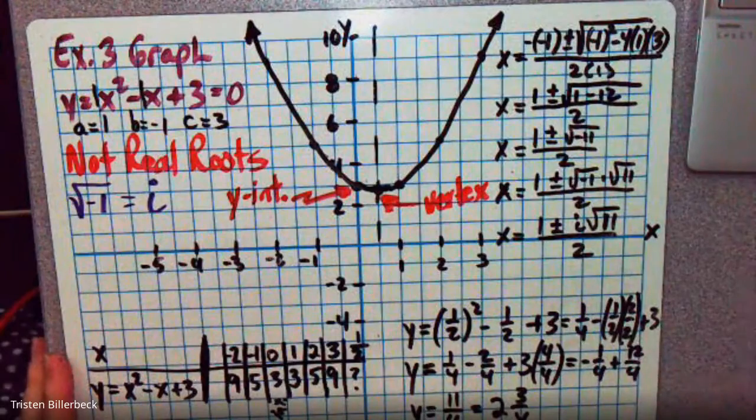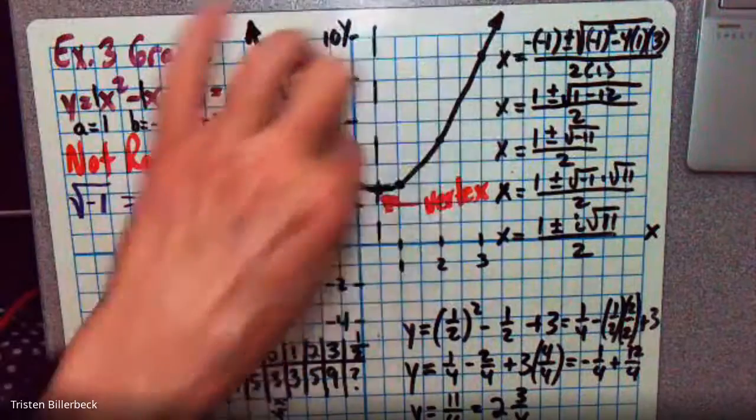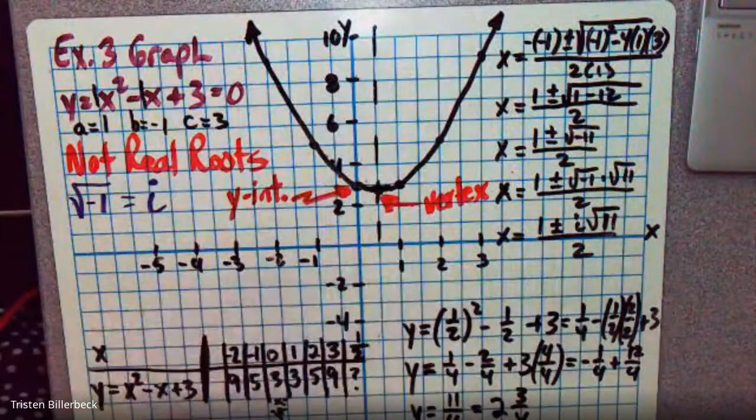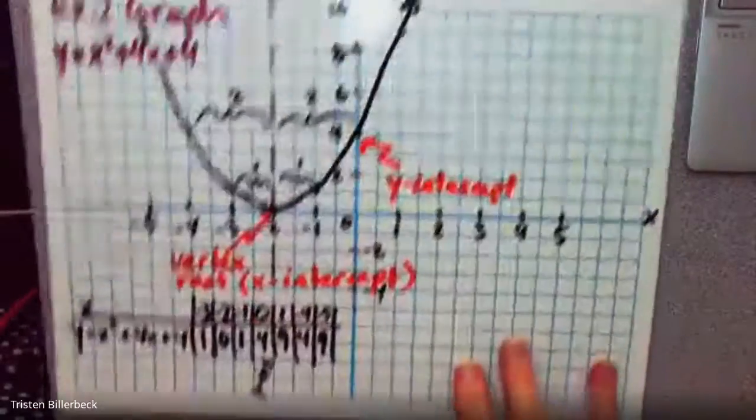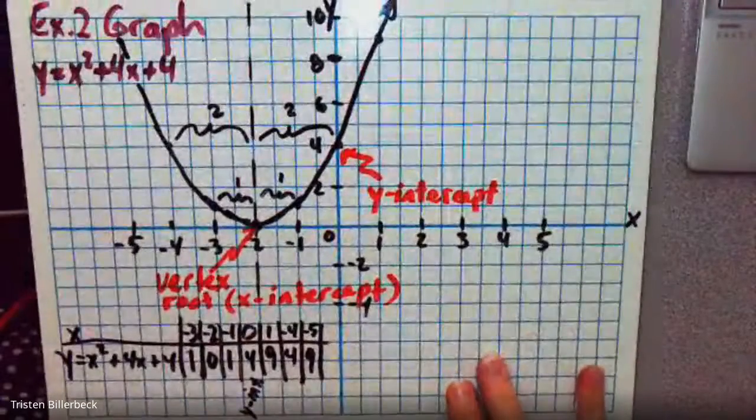So let's take a look at, well, if that's what it looks like when the parabola doesn't hit the x-axis, what does the quadratic formula look like when it hits the axis once? So let's take a look.